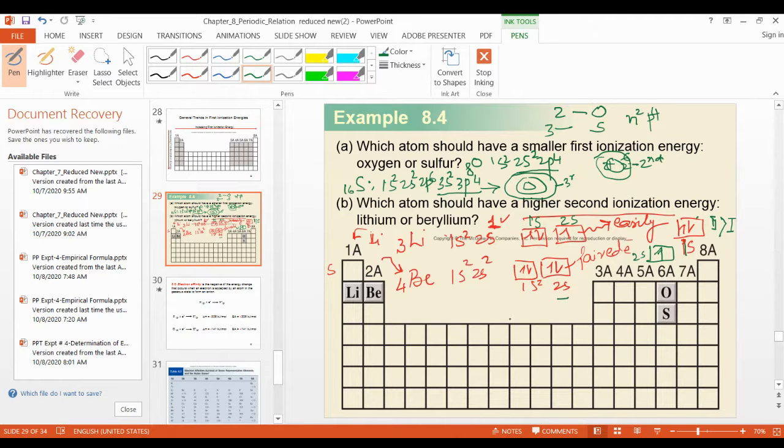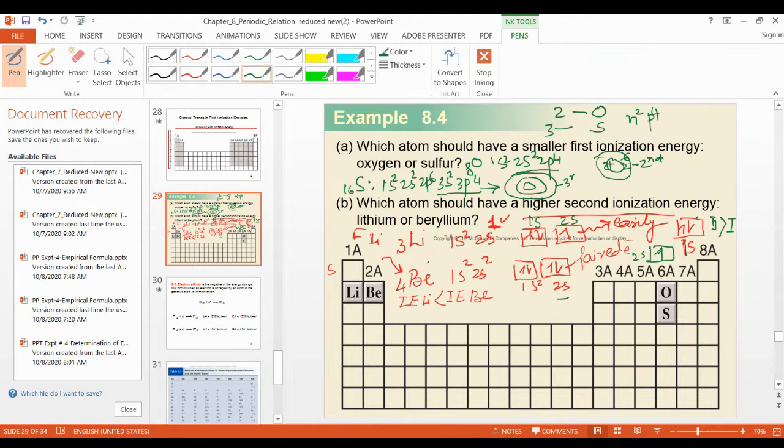So the first electron from the second shell is easily removed in the lithium, and the first electron from the beryllium requires high energy to remove from the second shell of beryllium. So I can write here the first ionization energy of lithium is less than first ionization energy of beryllium.